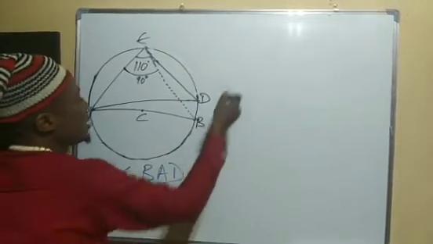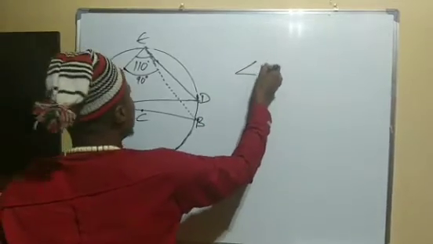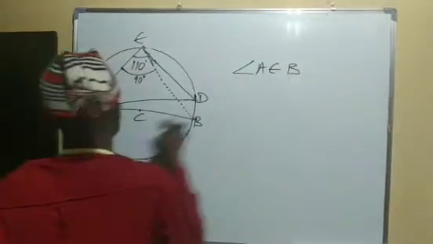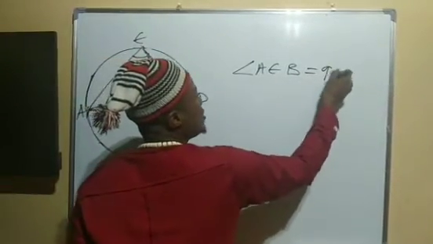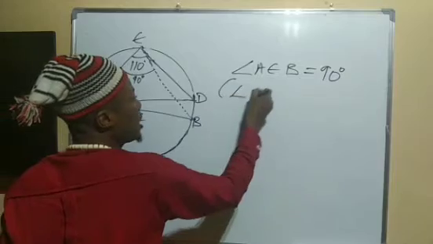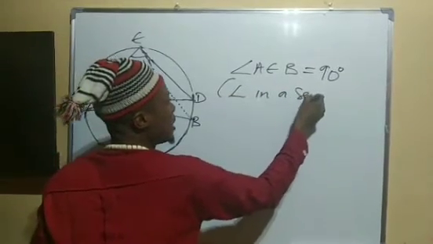So first of all, let us write that angle AEB is 90 degrees. Reason: angle in a semicircle.